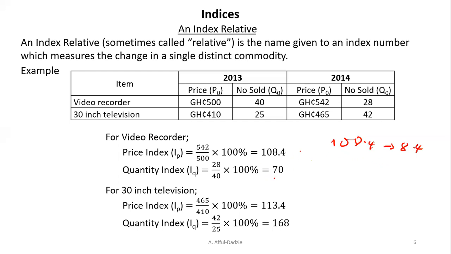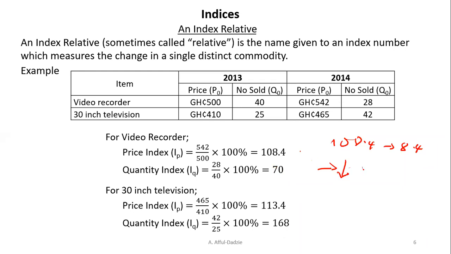In the instance where you have a value less than 100, this means a fall in price or quantity, one of either of them. All I need you to understand is that once it is less than 100, it means there is a fall, a reduction.